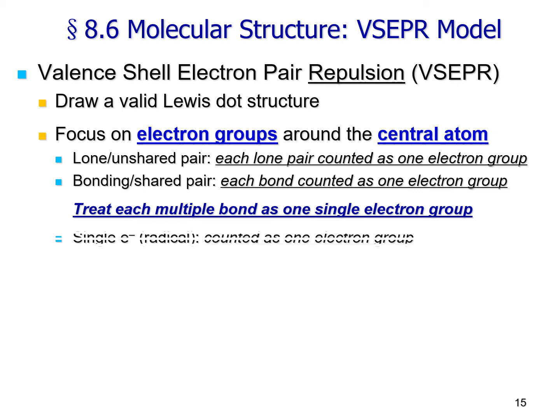What happens if there's only 1 electron occupying one side of this chemical symbol? We count it as an electron group as well. And of course, in this situation, we call it a radical in chemistry. All right, so now you understand what a radical is.